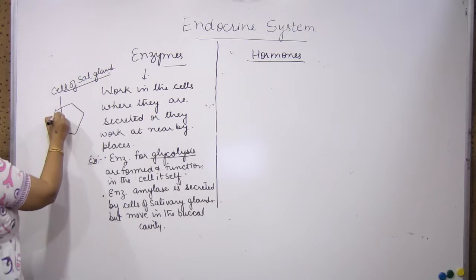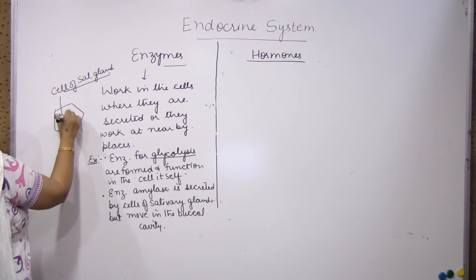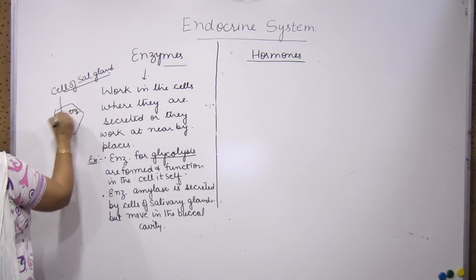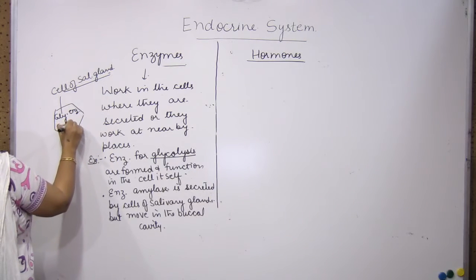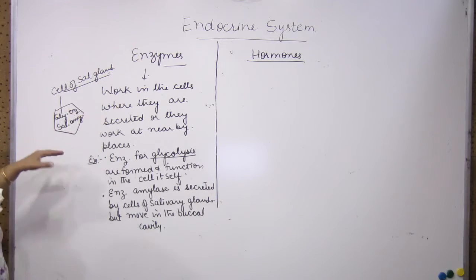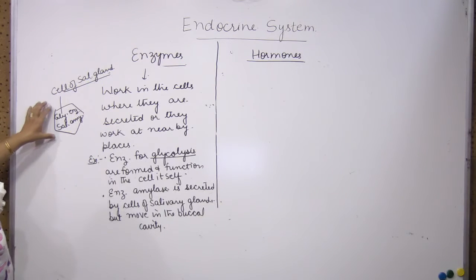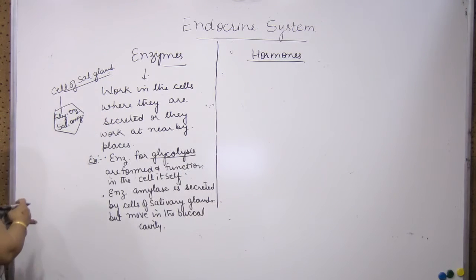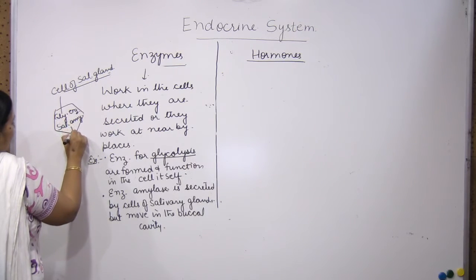It forms glycolytic enzymes. It forms salivary amylase. I am writing in abbreviation because the cell size is small. This glycolytic enzyme is used by this cell only, whereas salivary amylase goes through ducts.